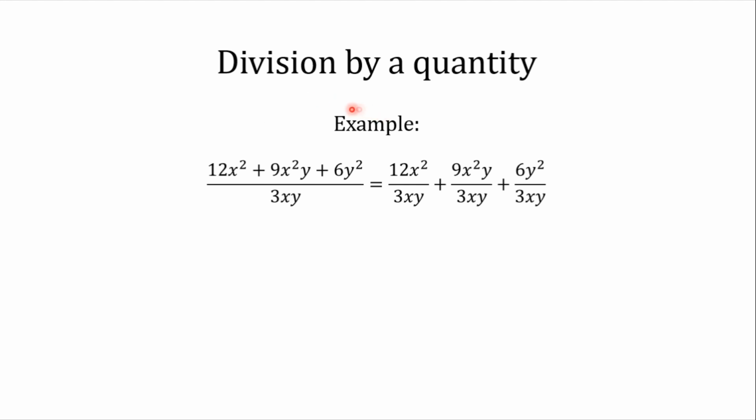If you were to divide an expression over a quantity, so for example, 12x squared plus 9x squared y plus 6y squared over 3xy, since they have a common denominator, in this case that's 3xy, we write it down separately so that it's clearer.